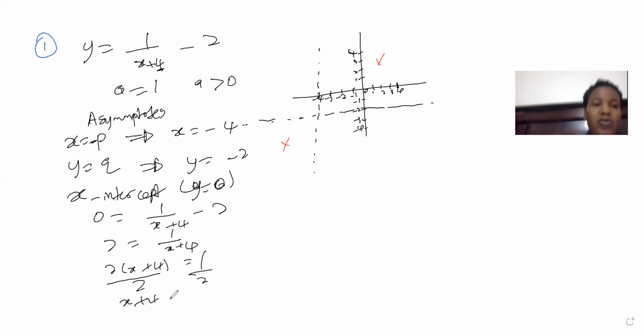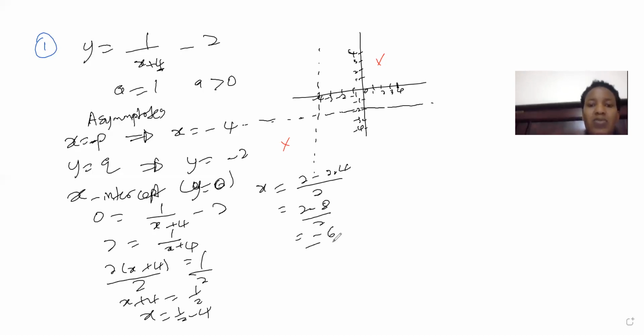X plus 4 is going to be equal to 1 over 2. Therefore, x is equal to half minus 4. Half minus 4, we have 2. 2 minus 2 times 4. 2 minus 8 over 2, which is minus 6 over 2.